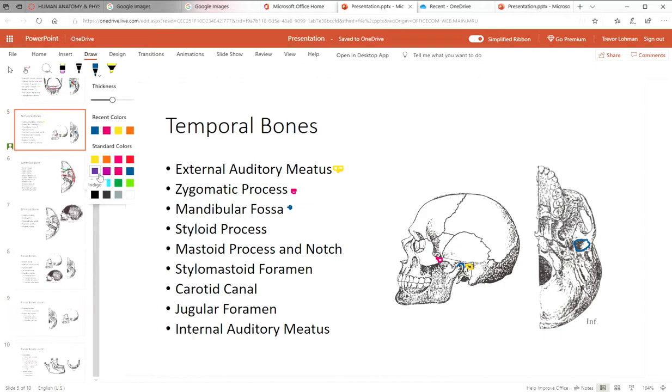The next structure we're going to look at is the styloid process. It's right there. It gets its name because it's pointy, like a stylus. You can't really decipher it very well. I think it's right there on the actual sketch.